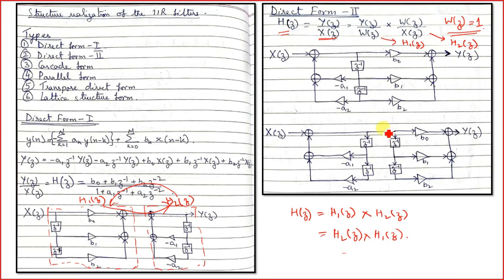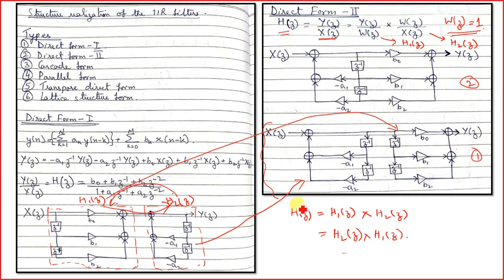Similarly, in this case what we have done is we have just taken this and put it over here, and this H1z I have put over here. For the sake of simplicity I have drawn it on the bottom just to show what I have done. Otherwise this is the first step, and the upper one is the second step.